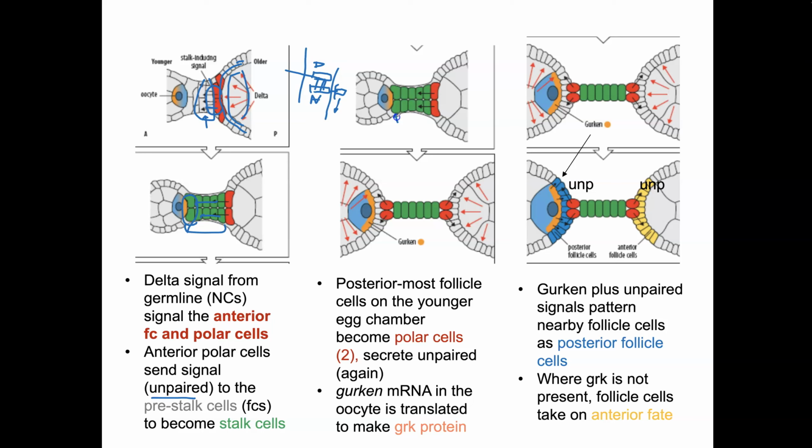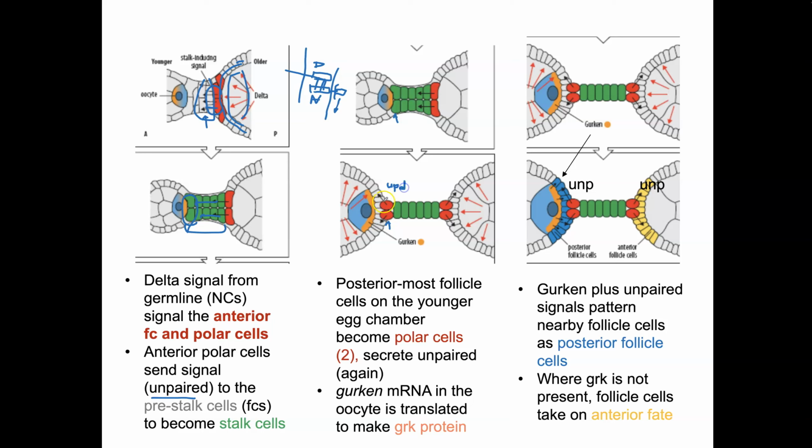So these cells here are induced to form polar cells. And these polar cells then also secrete Unpaired. UPD is the abbreviation for that.